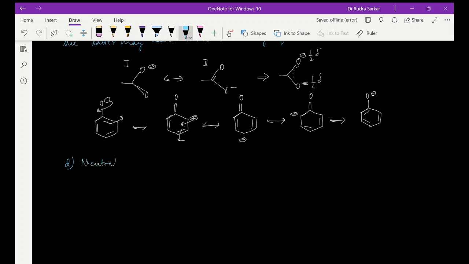Neutral compounds are more stable than the charge separated resonating structures.